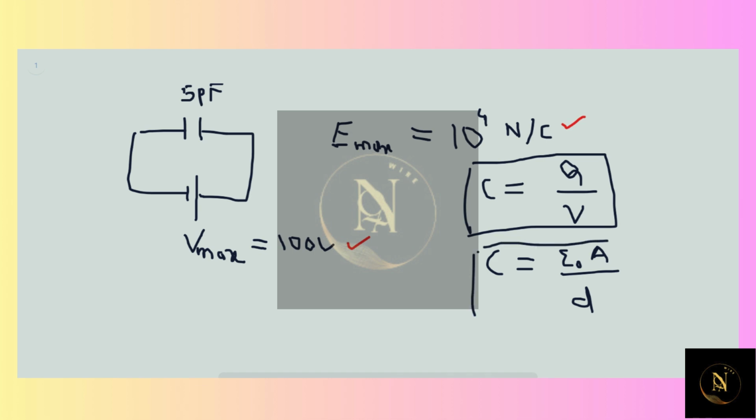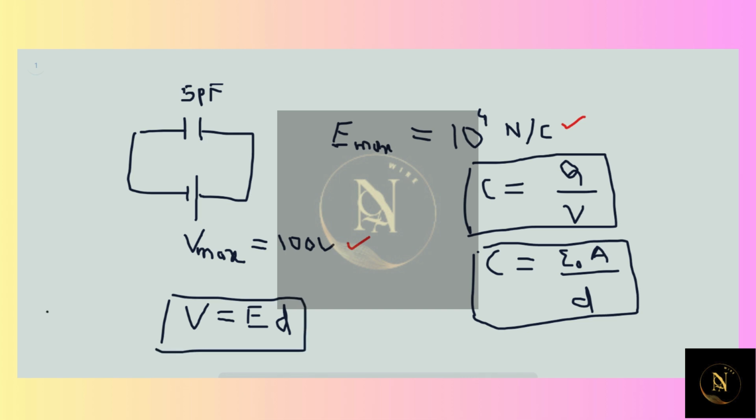And there is yet another piece of information which we know and which we will need to use here, the relation between the potential and the electric field. The potential difference between the two plates of the capacitor, or between any two points, is given by V equals E, the electric field between the two points, times D, the separation.